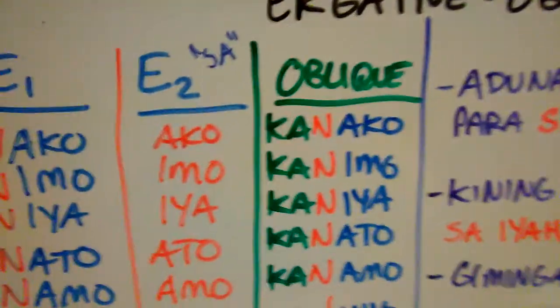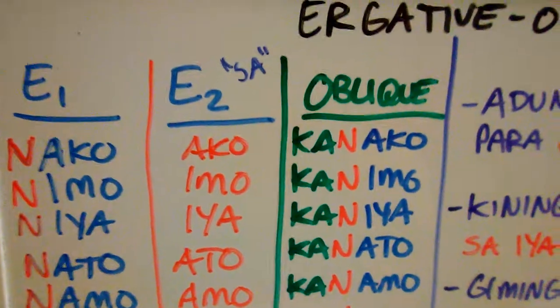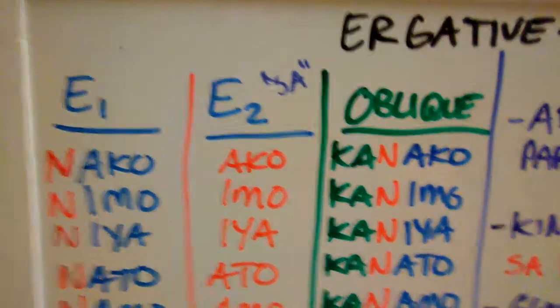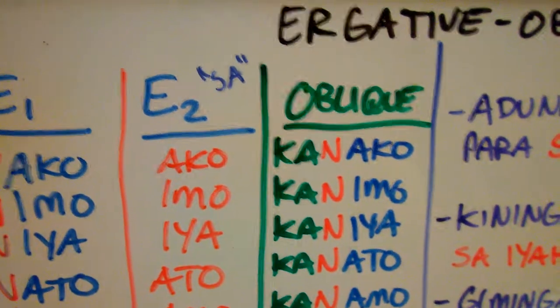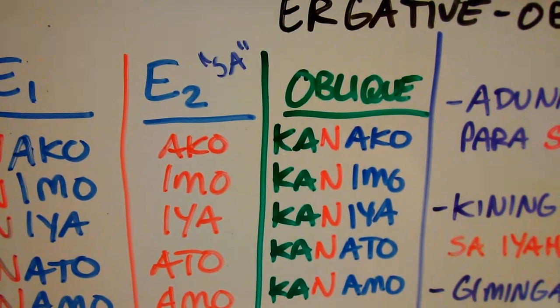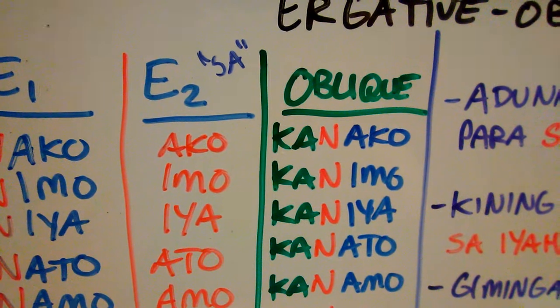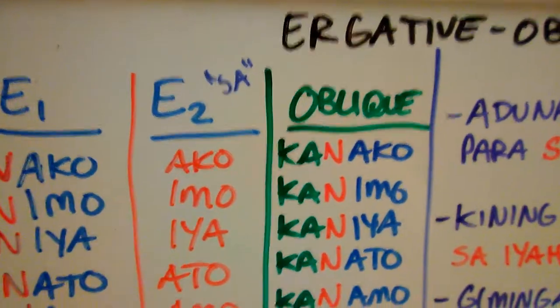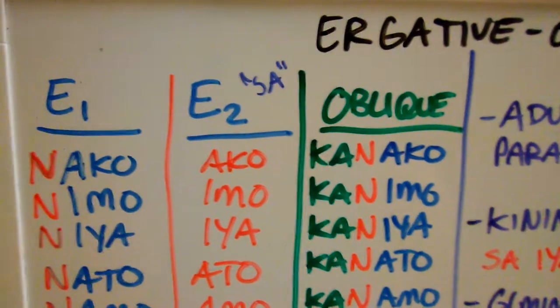Well, sometimes oblique case pronouns are, as we said, the receiver, or the one experiencing, or the one that's going to get an action or an experience, right? The to, the for, the with, that kind of thing.